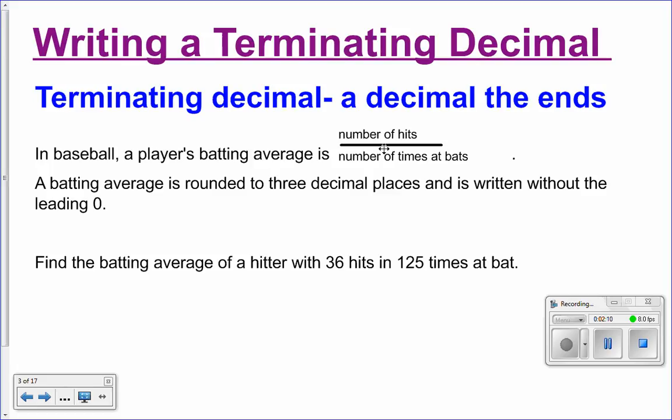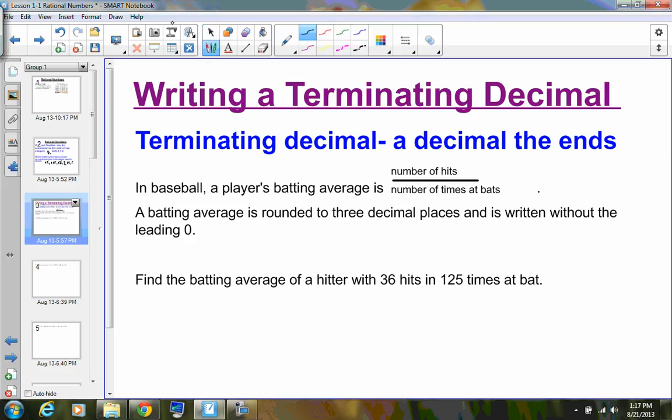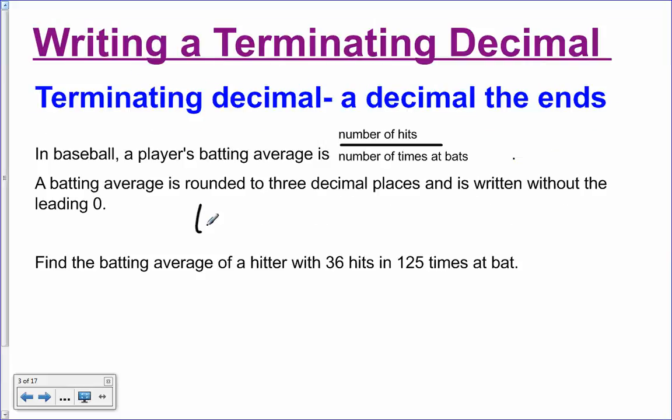A batting average is always rounded to 3 decimal places, and it's written without the leading 0. So that means if I had the decimal 0.111, I'm not going to write it with that 0. I'm going to write .111, so no 0 in front of the decimal point.